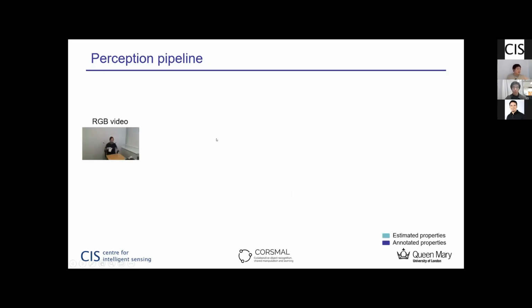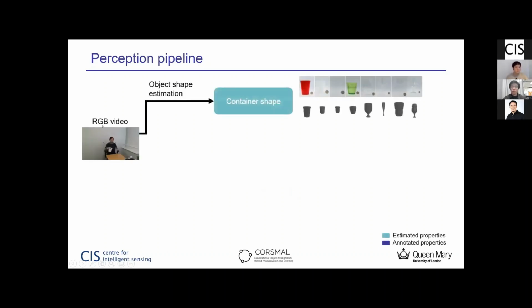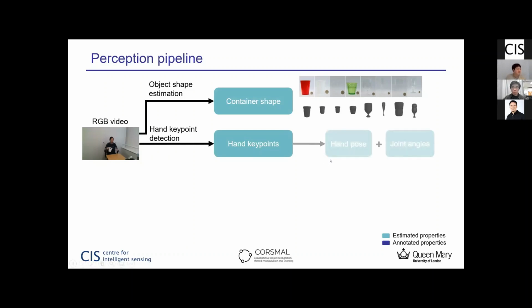In the perception pipeline, we first estimate the object shape using an iterative shape fitting method based on the segmentation mask extracted in the first frame of the video. We also perform hand keypoints estimation to retrieve the hand pose and the joint angles of each finger.